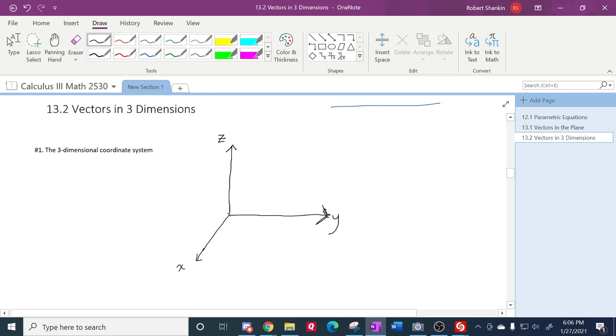Here's the chalkboard on this wall. Underneath the chalkboard, along the floor, that's the y-axis, and the z-axis is straight up. The x-axis comes out into the classroom, and y'all are sitting out here. Okay, everybody visualizing the coordinate system we're going to use.